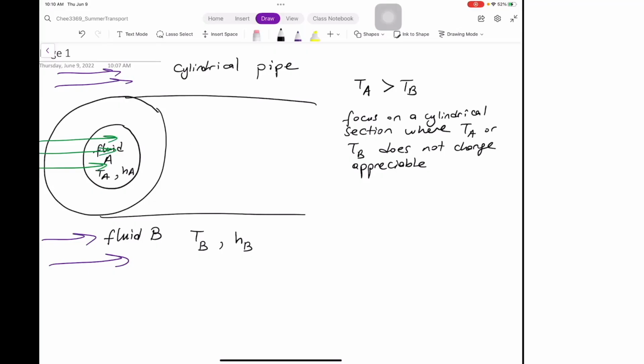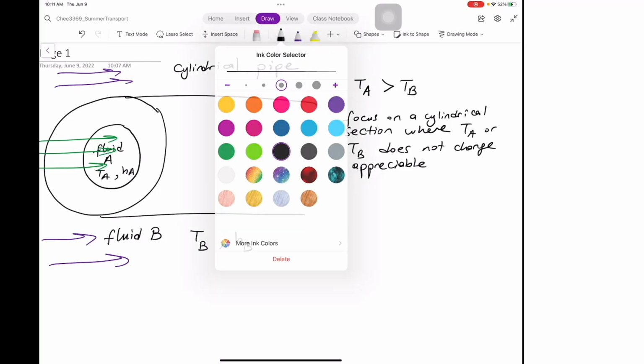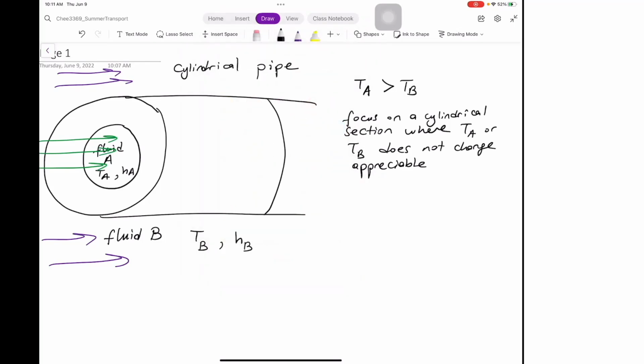You can think about this like a plug flow reactor, which is kept at a constant temperature. So you can actually use an outside fluid to cool down the stream so that it's at a constant temperature of TA. Or you can actually focus on a really small section of the pipe, sufficiently small, for example, length L, in such a way that the temperature of A does not change along the L appreciably.